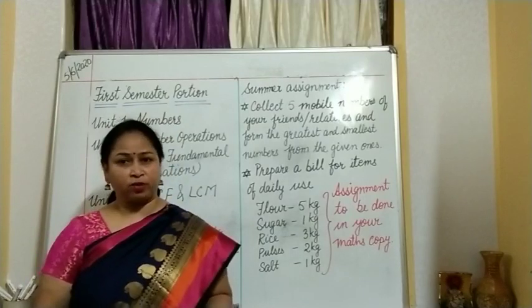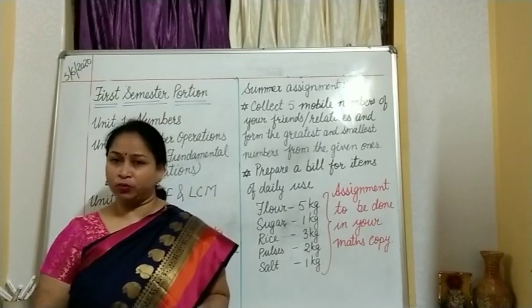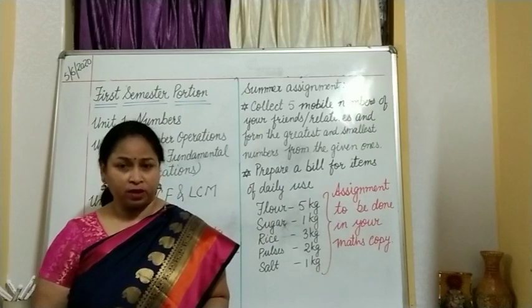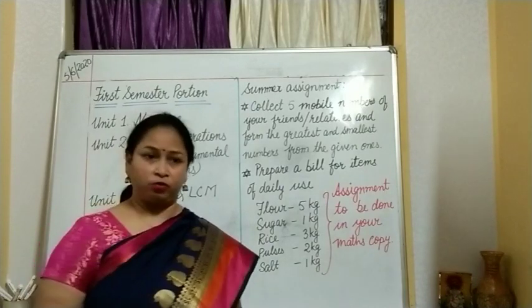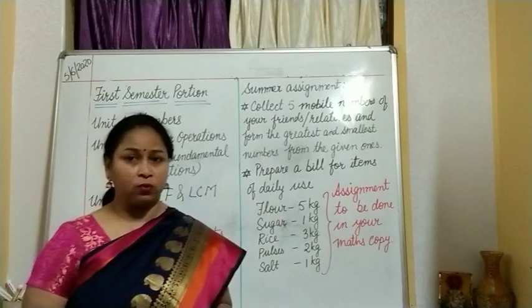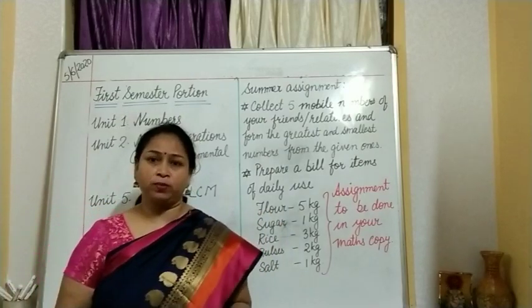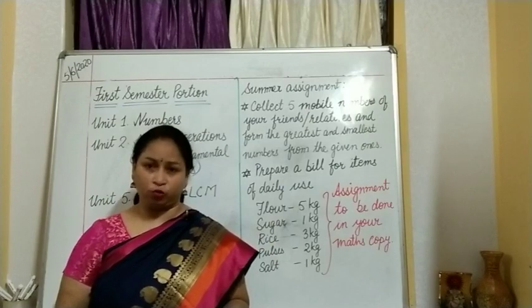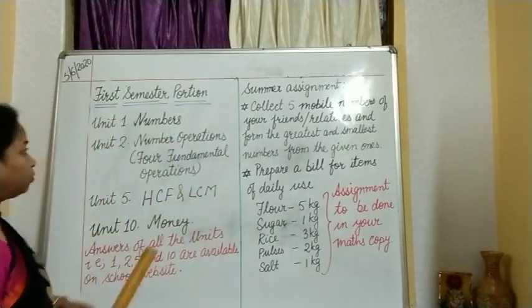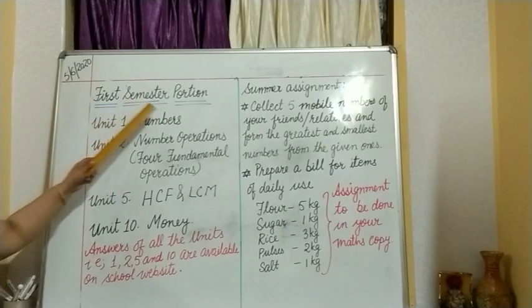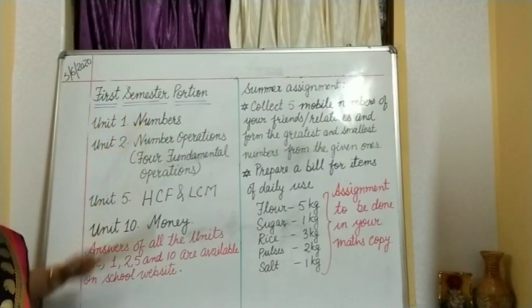So children, we have completed all the units which are supposed to be there for your first semester. If you want, you can note down, although I was informed that the syllabus is already there on your website, but even then I have also displayed it over here. The first semester portion is unit 1, numbers.